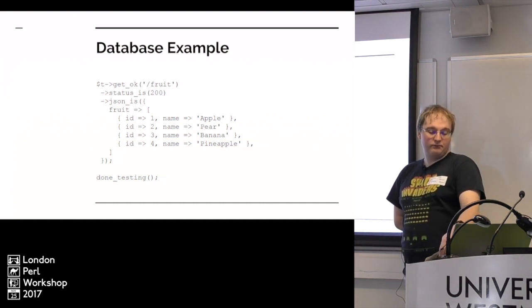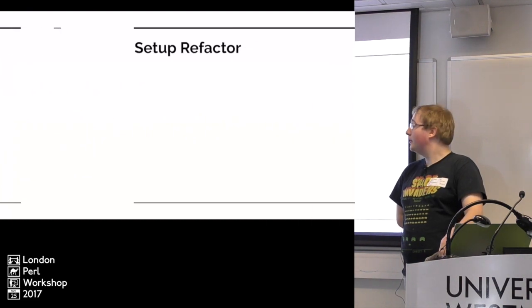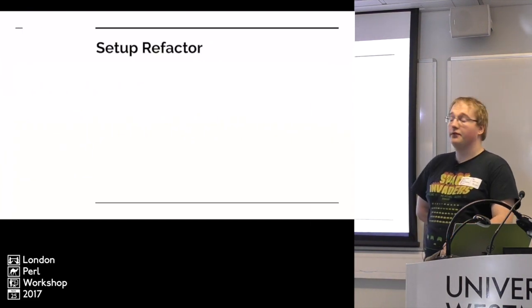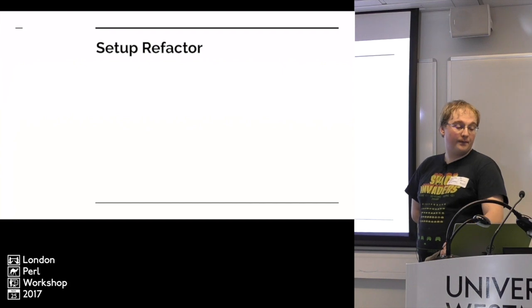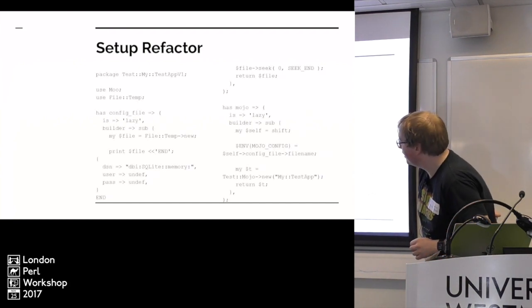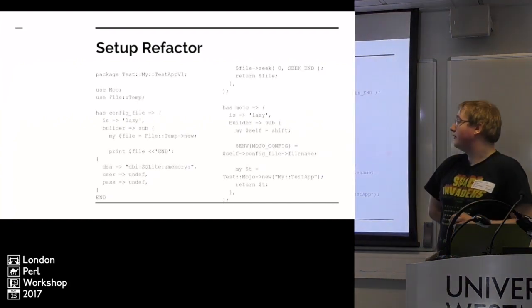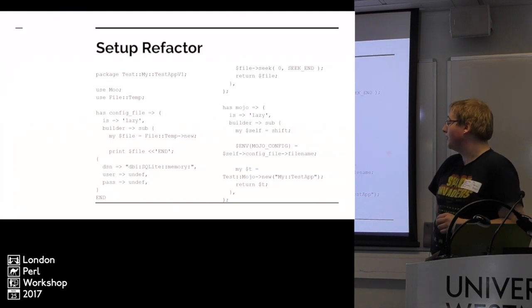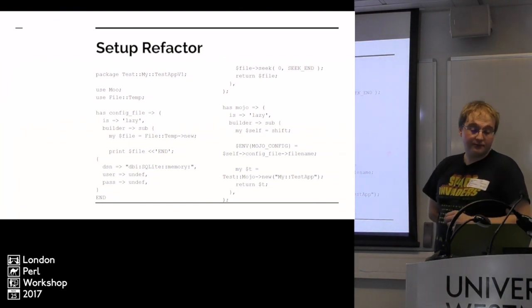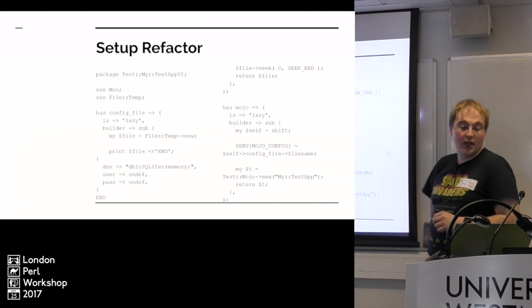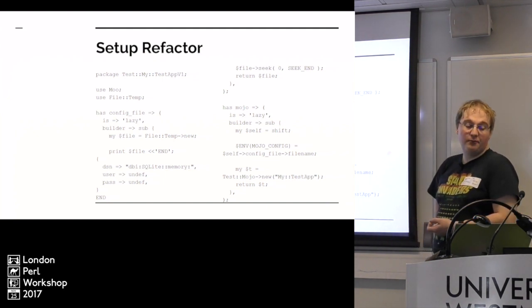So let's pull out the initial config file into a separate framework. So there's a lot of code on here, but this is mainly just because it's Moo and I've written it as clearly as I can. But we've got config file and Mojo attributes.